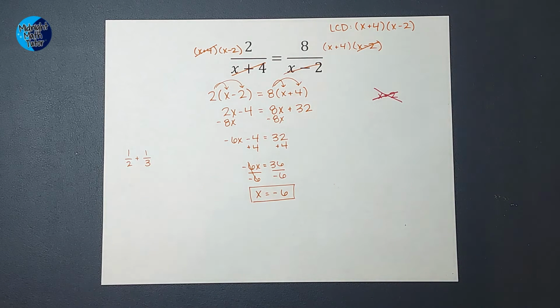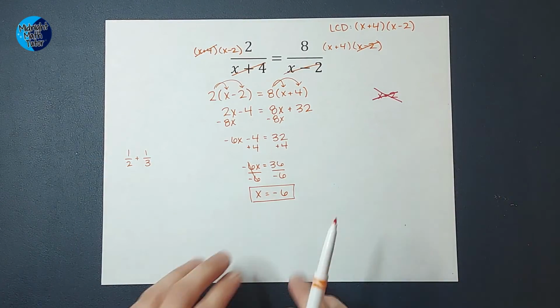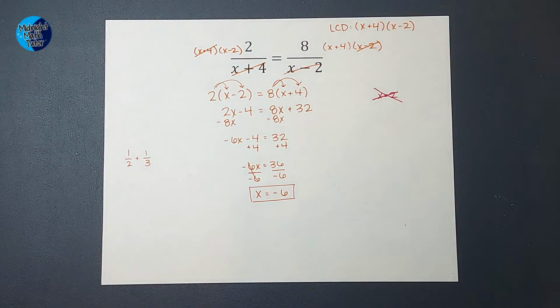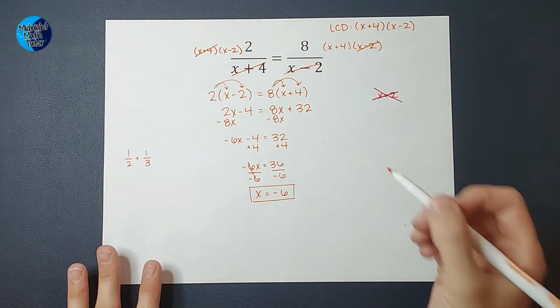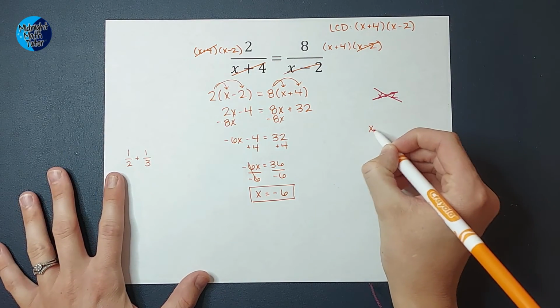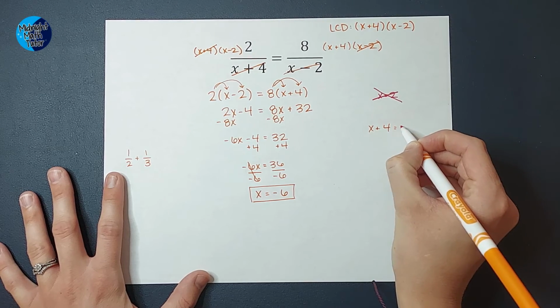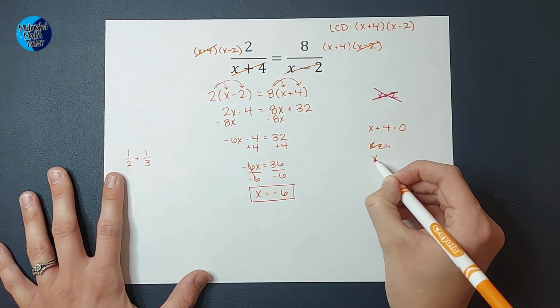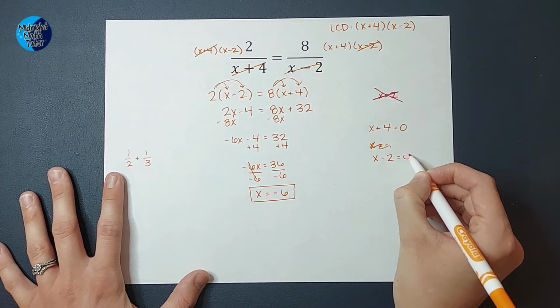One thing that you might want to do is figure out what your extraneous solutions would be to begin with, okay? So you can do it this way where we solve down, we get our answer, I check, okay, it's not going to be an extraneous solution in either of those cases, right? Another thing we could have started by setting both of those equal to 0, because that's what they can't be, right? x plus 4 equals 0, x minus 2 equals 0.